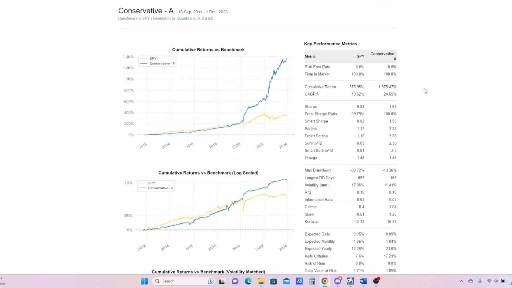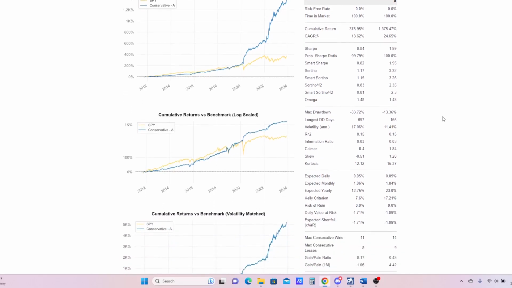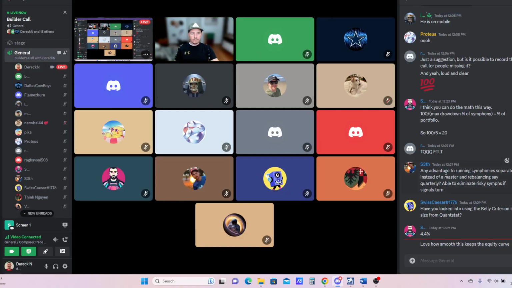I have this conservative one, which gave me about 20%. If you look at the Kelly criterion, it's 17.21%. So pretty close. But yeah, you could go off of that too. I don't know enough about Kelly criterion other than I know it's the suggested portfolio size that you could allocate, if I'm not mistaken.